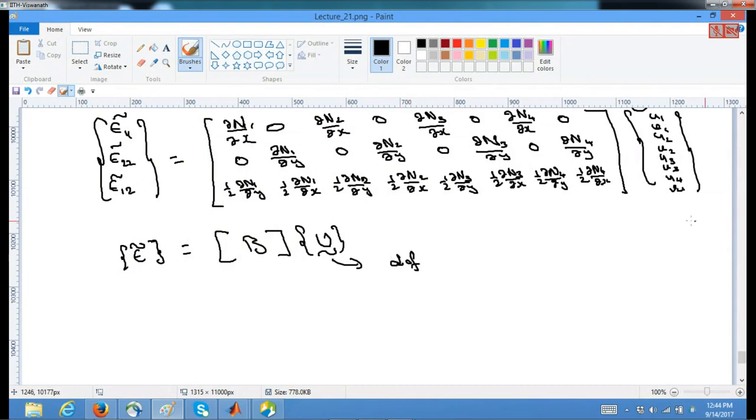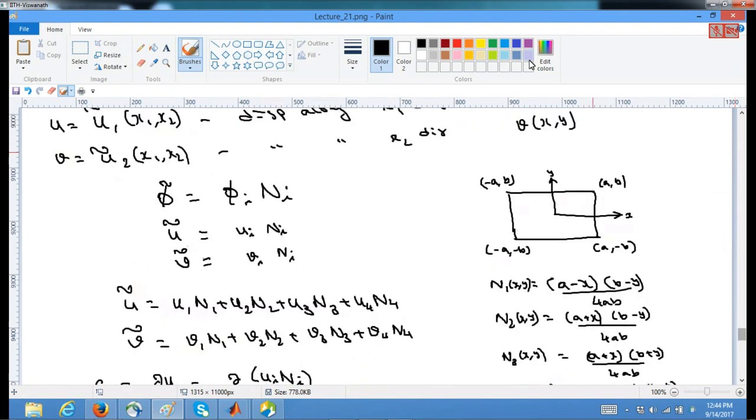The degrees of freedom for this element, let us see. Let us write the nodes first. So this is node 1, node 2, node 3, node 4. The displacements for these are u1 v1, u2 v2, u3 v3, u4 v4.